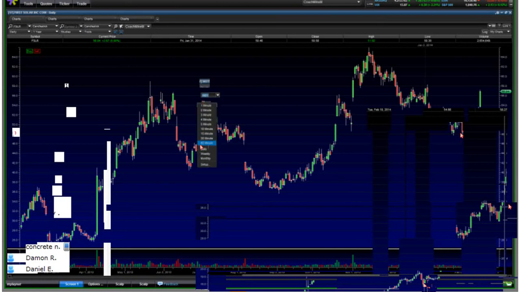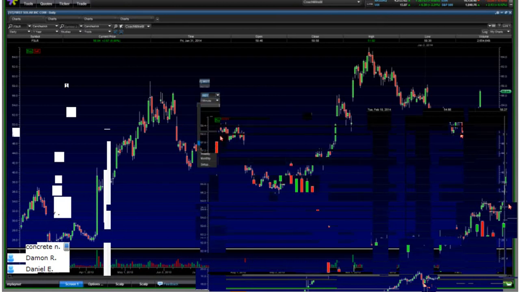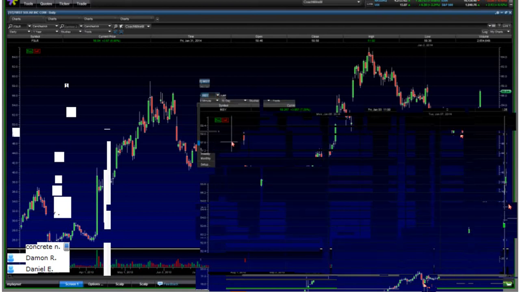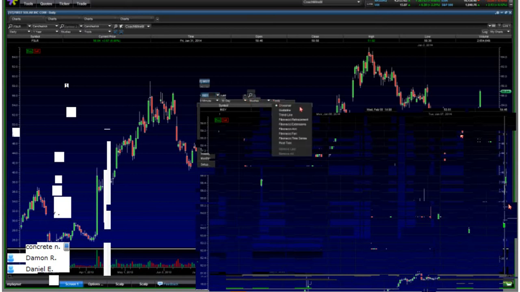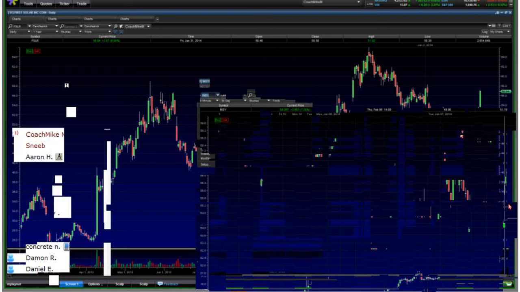Let me ask you this. Could I use the same strategies with a chart like this? Maybe I think I'm buying the low here, but I don't know if it's the low.